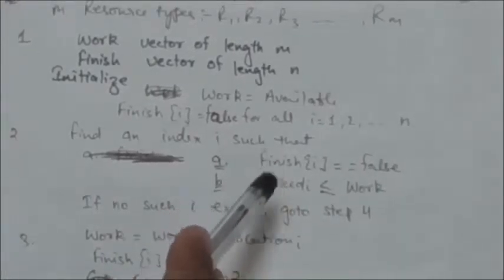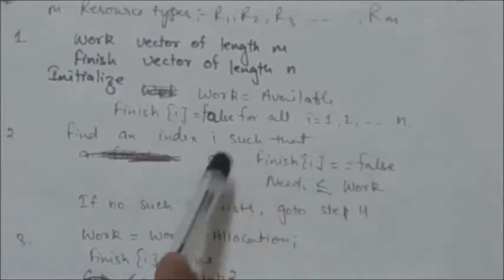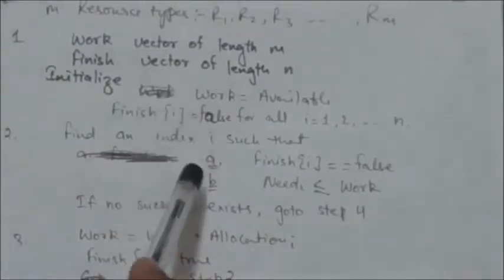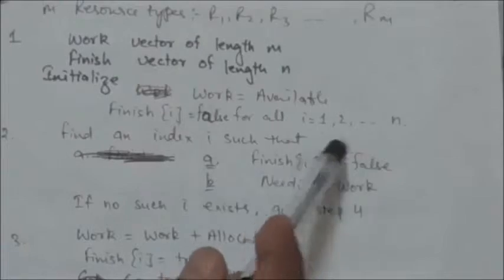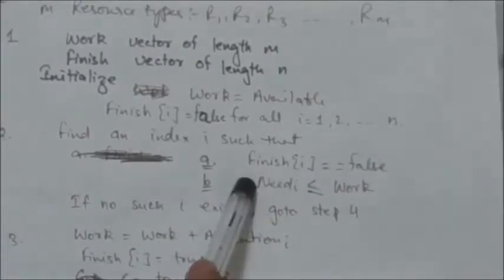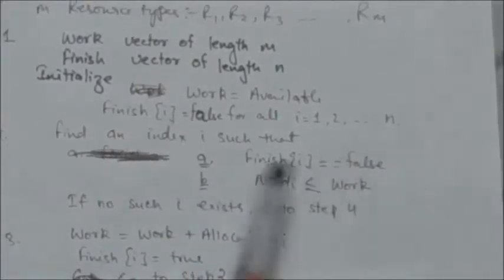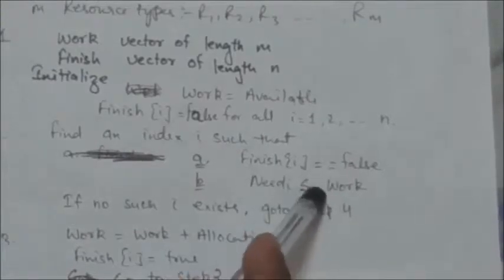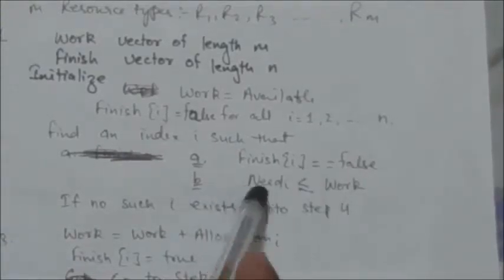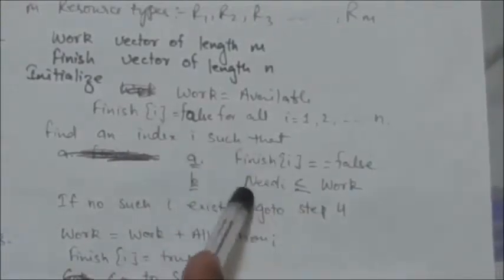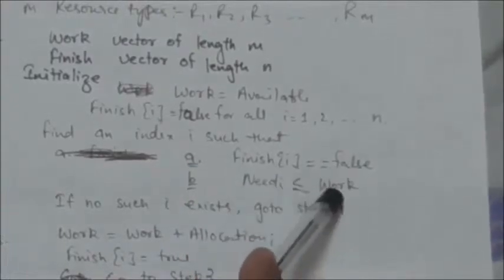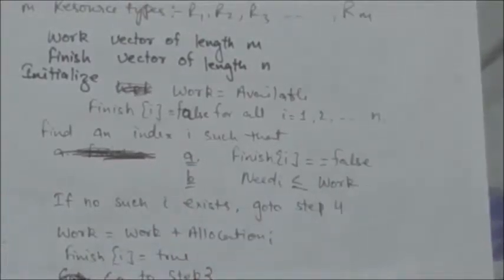What is the first condition? At index i in vector finish, the value should be false, and the second condition is that need[i] is less than or equal to work. It means the need of process Pi should be less than or equal to work.